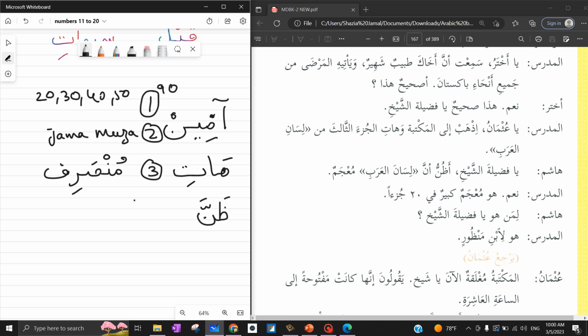And what happens about the counted nouns is called the tamiz. As we know from 11 to 99, the tamiz or the counted noun will remain the same. That means mansub, nakira and singular. Three of them for tamiz.